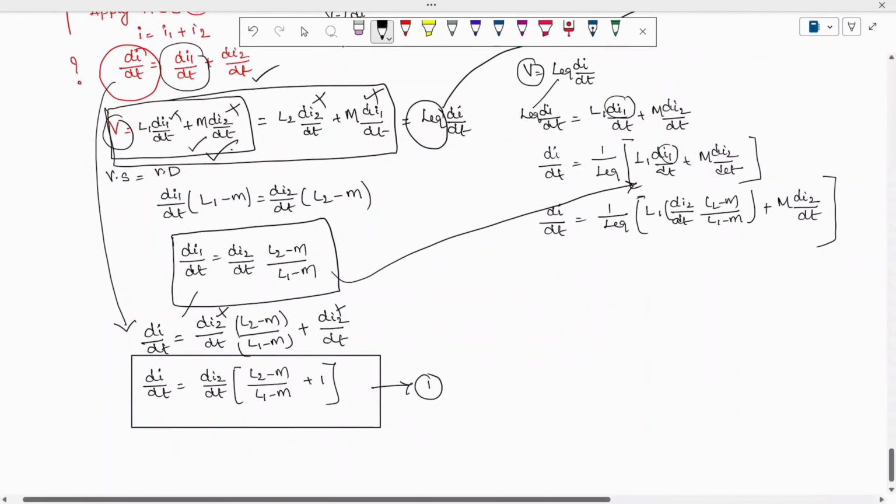So now let us segregate it and write it down. In this, di2 by dt is a common term.